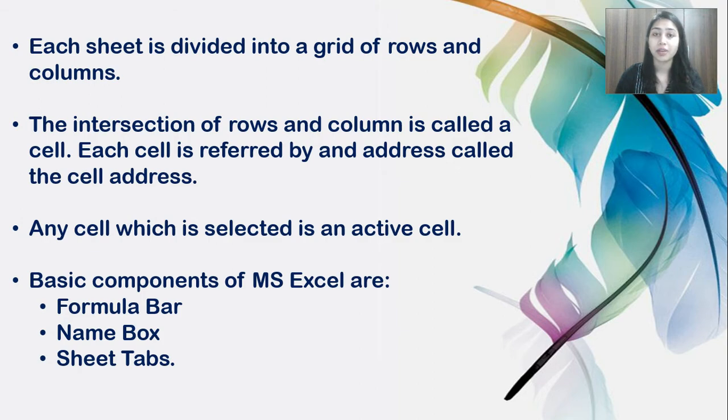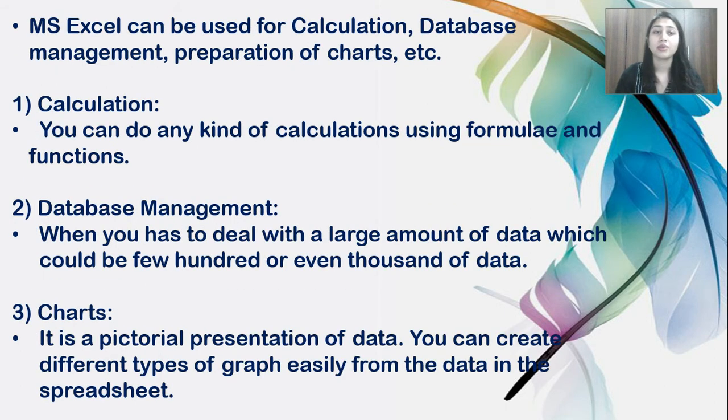Now the basic components of MS Excel are the formula bar, name box and sheet tabs. Formula bar means using some formula you can calculate long multiplications or any operations. Name box means the address of your cell, and sheet tabs means sheets 1, 2, 3 which are available by default. Now MS Excel can be used for calculation, database management, preparation of charts, etc. So let's see one by one.